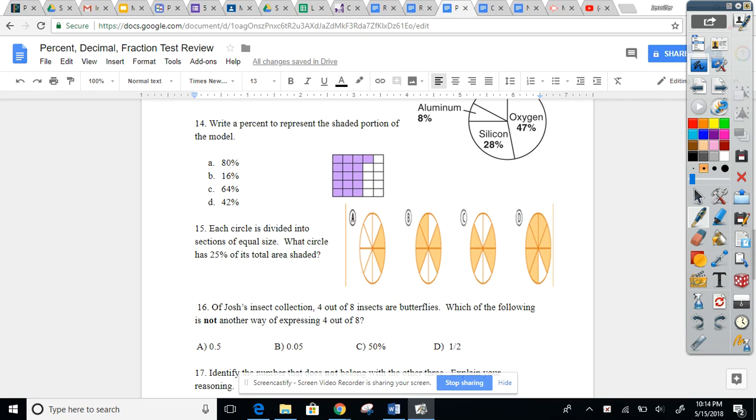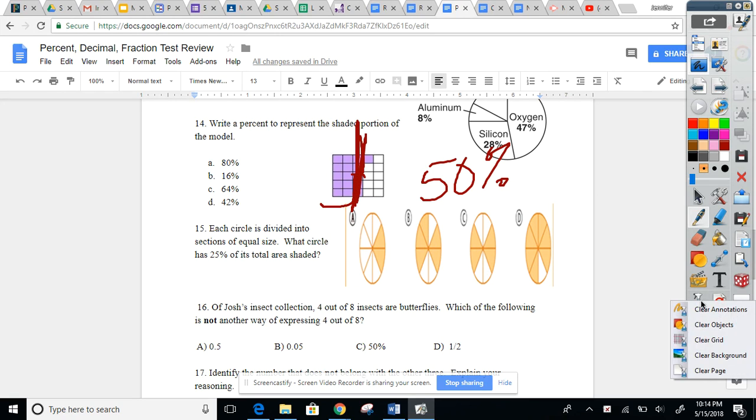Okay. So if I look at this, I can see that if I wanted to break this up, I could say half would be about right in there. Ish. So if I know half is 50%, it looks like more than half is shaded.